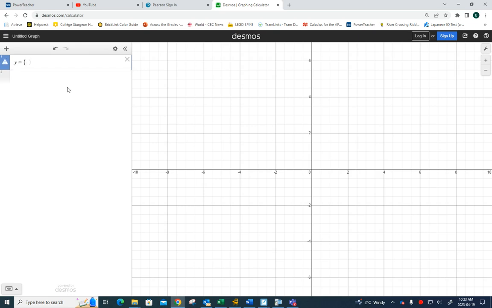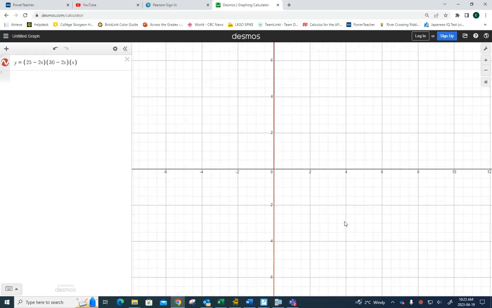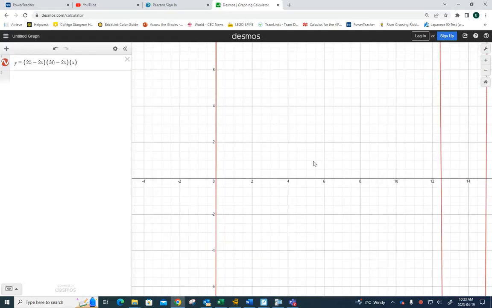So we had 25 minus 2x, 30 minus 2x, and x. And again, look at the window that we started with. We know from our graph that we want to see between 0 and 12.5. So there's my 12.5.